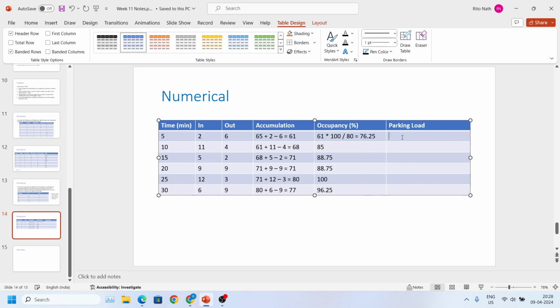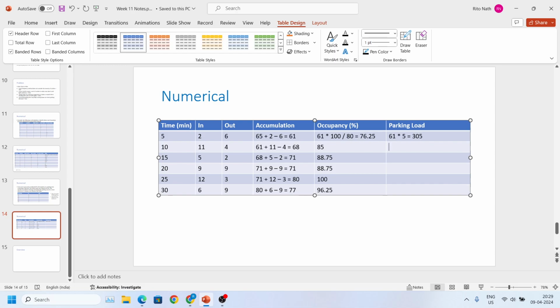For parking load, it's nothing but accumulation times the interval that you have. So it's 61 times, so that's what I meant. In the slides, I think there was some mistake here. I think it is multiplied with this column, but actually it should be multiplied with this column. So this comes out to be 305.